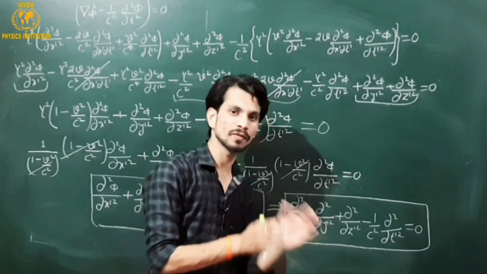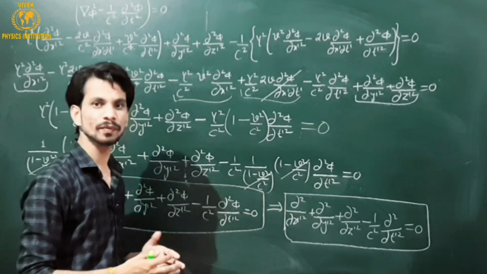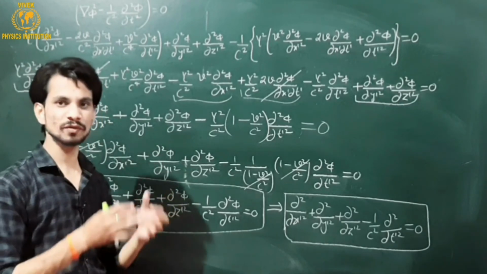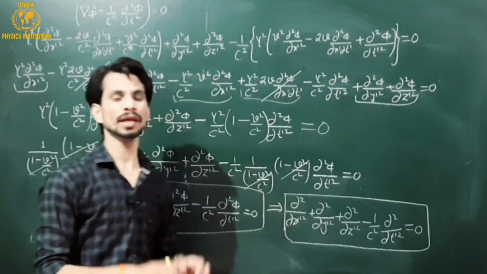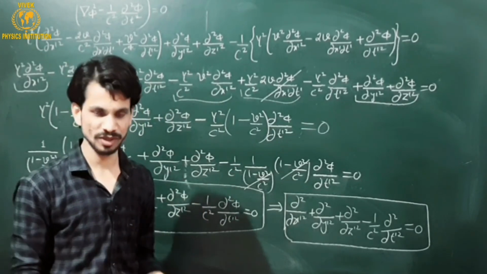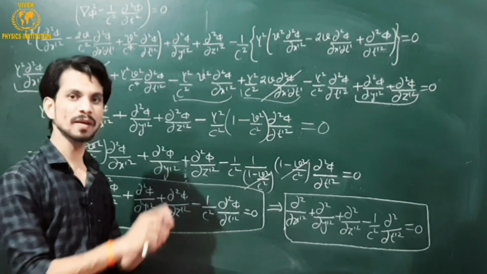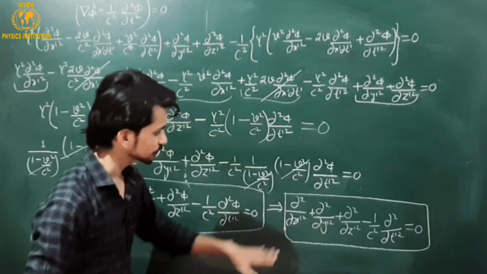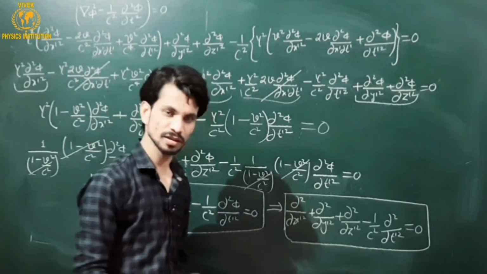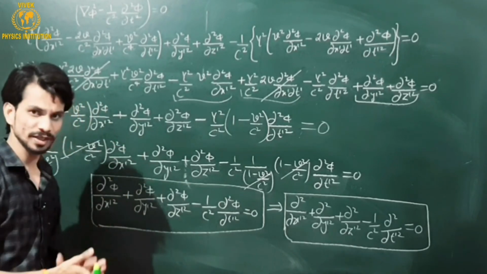It means that when we apply the Lorentz transformation onto the wave equation, we get no change in its fundamental mathematical nature. So the wave equation is invariant under the Lorentz transformation. This is what we were expecting, and this is the positive result of our mathematical interpretation.